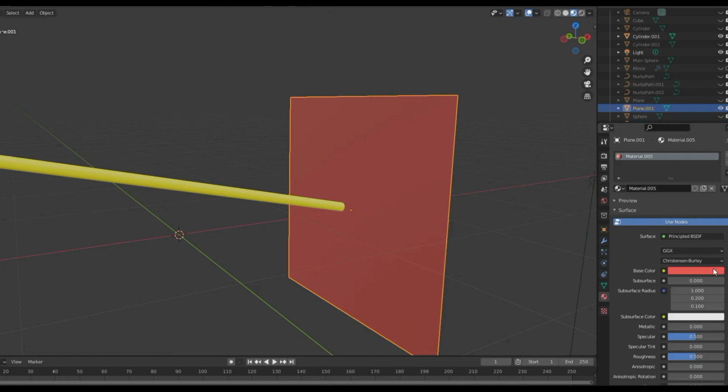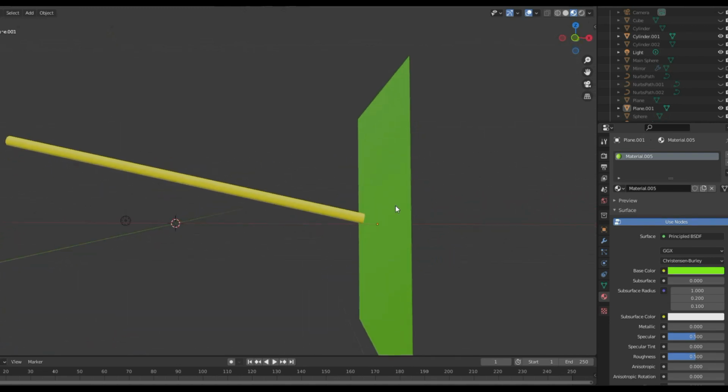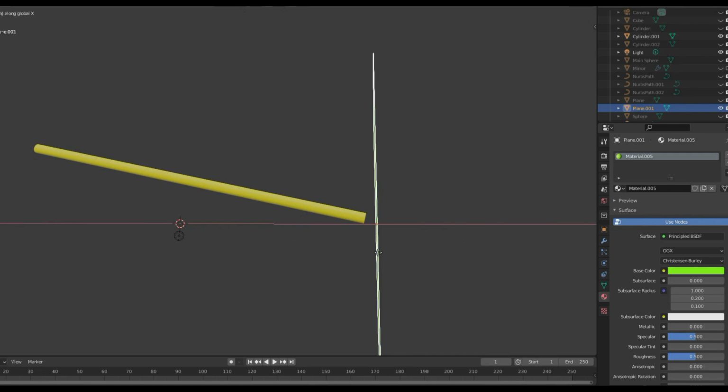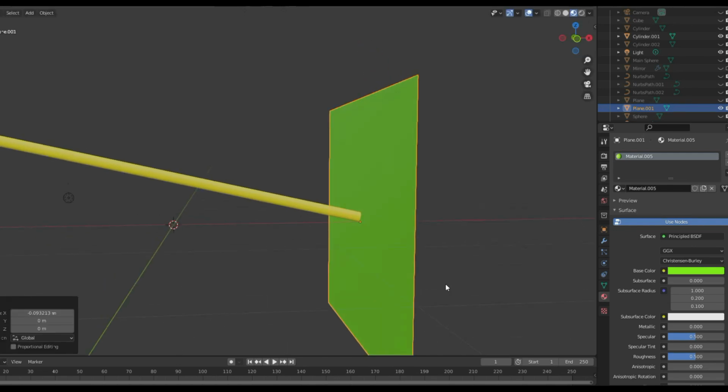Let me change the color also. Now is it visible? So the principal axis and this mirror are perpendicular to each other. So the light is falling on the mirror in some manner like this. Let me push it a bit forward. Okay, so what happens?